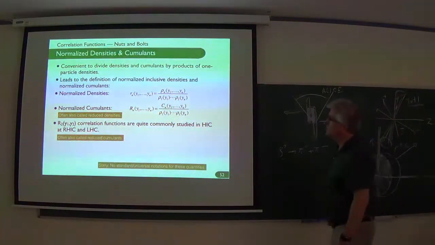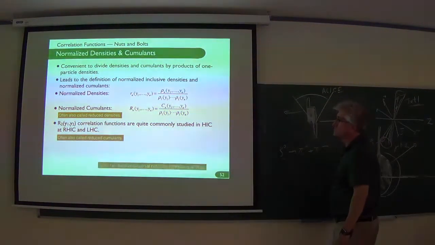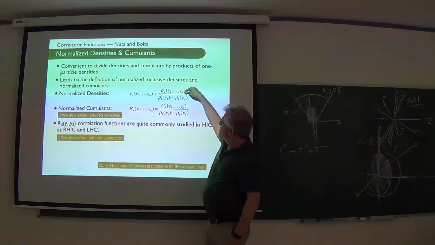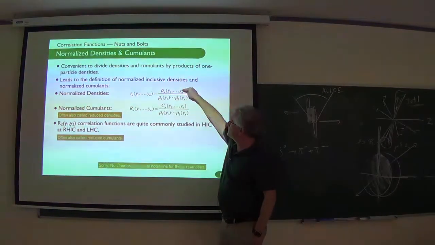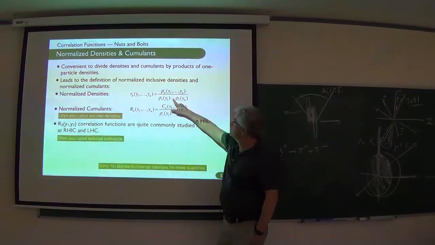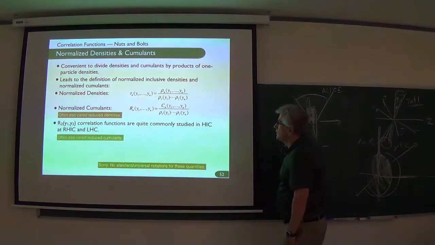Experimentally, it's interesting and advantageous to also look at normalized quantities. For instance, we can look at what I call little r here, the ratio of n particle density over the product of single particle densities. So this is an n density, so I have n times the single particle here.